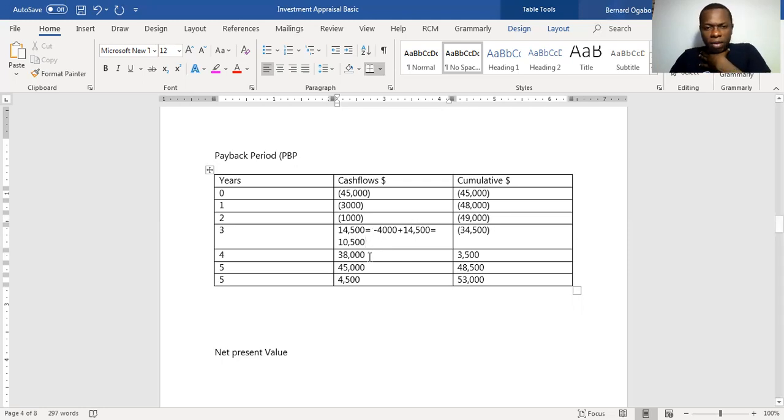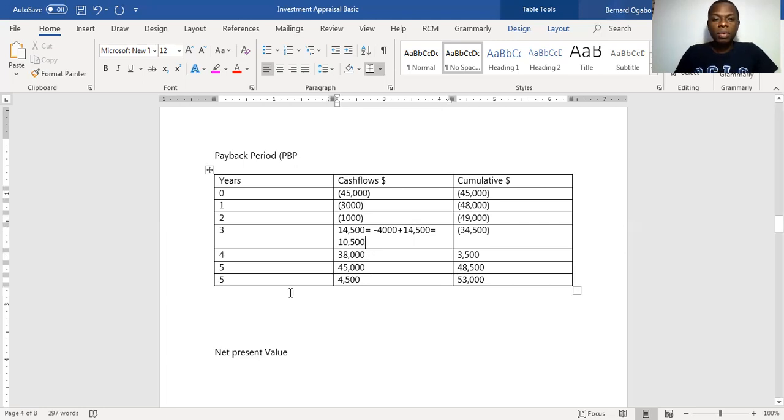So since I have 38,000 here, if I add 10,500 to 38,000, I'm going to have 48,500. So obviously in the fourth year, I've already had more than what I am looking for.